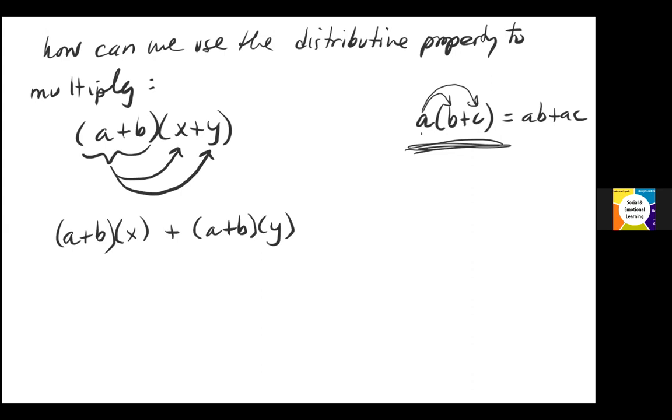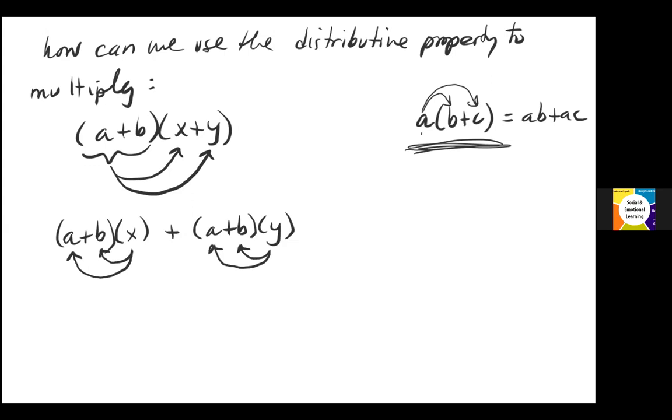It does. Because we're just taking A plus B as a package and saying, well, I'm going to distribute that A plus B into the next bracket, into each term of the next bracket. And now we just have another distributive property where we can distribute the X into this bracket, into each term there, and the Y into this bracket here.